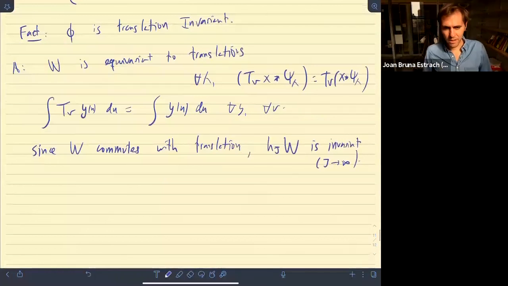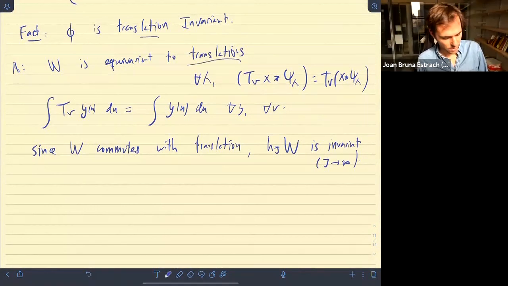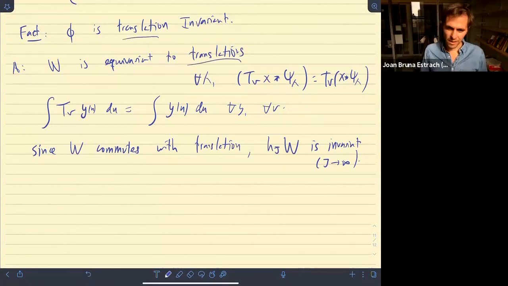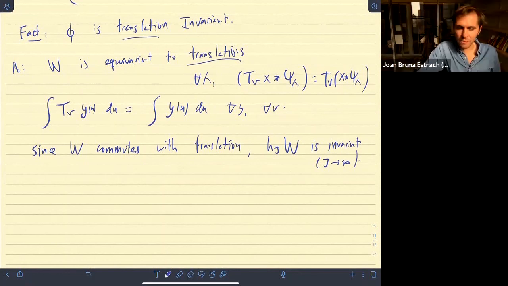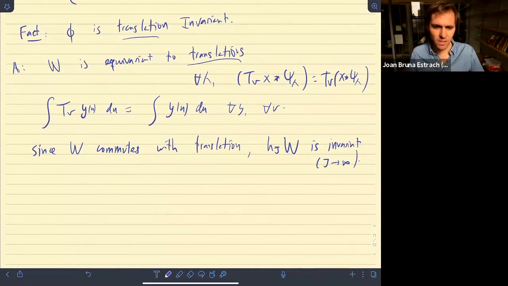But from what we said, this is only one part of the story. What is important for us is not just translations. What we care about is near translations, deformations. So we know that this wavelet filter bank is equivariant to translations, just because it's a convolution filter.